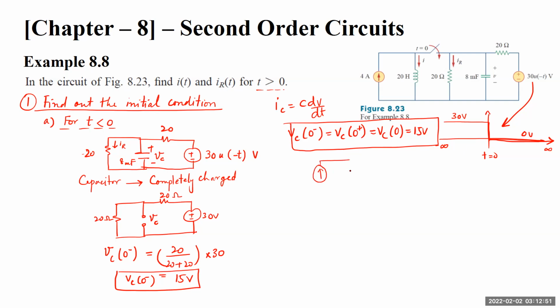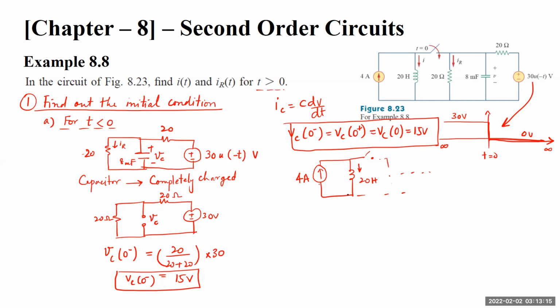So this is the current, this is 4 amperes, this is 20 Henry. Remember, there is this switch, and this switch is not closed. So this circuit will be acting independently, and this circuit will be acting independently.